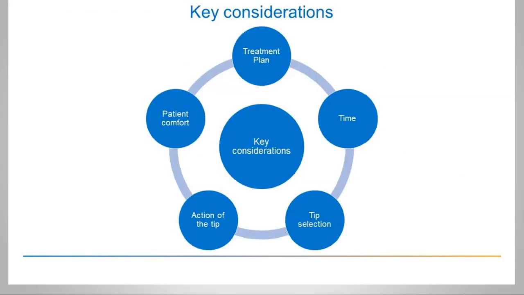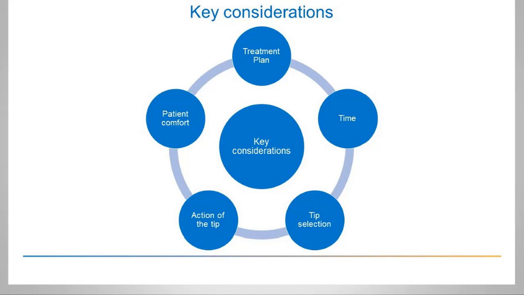So what are the key considerations? When we perform periodontal therapy, there are many key considerations that affect the outcome. For example, the treatment plan. Do we have a diagnosis? Is the patient well informed? Has the plan been provided? And so on.